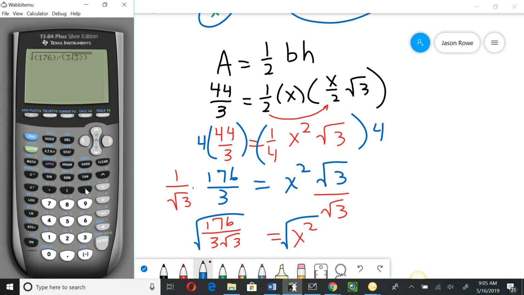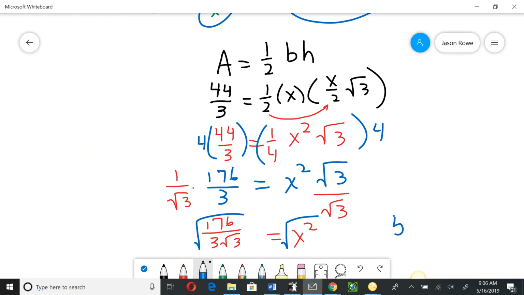Close my parentheses there. I think that'll work. And so that'll be 5.8 as my approximate value for x.